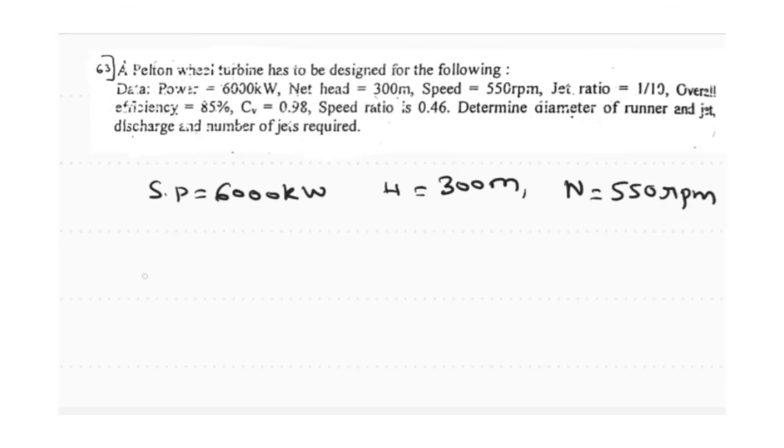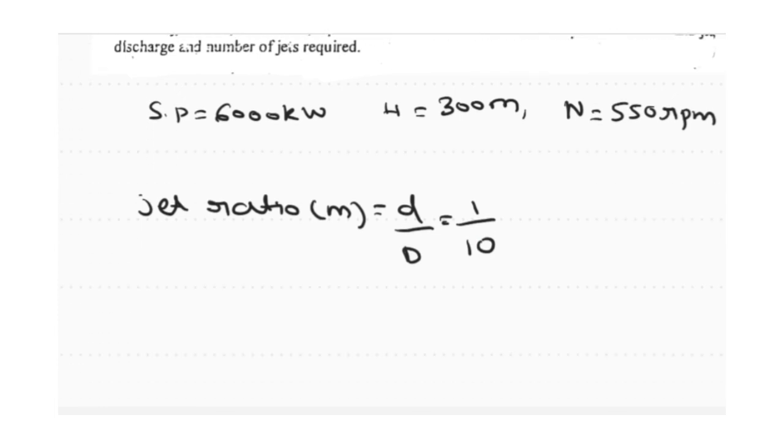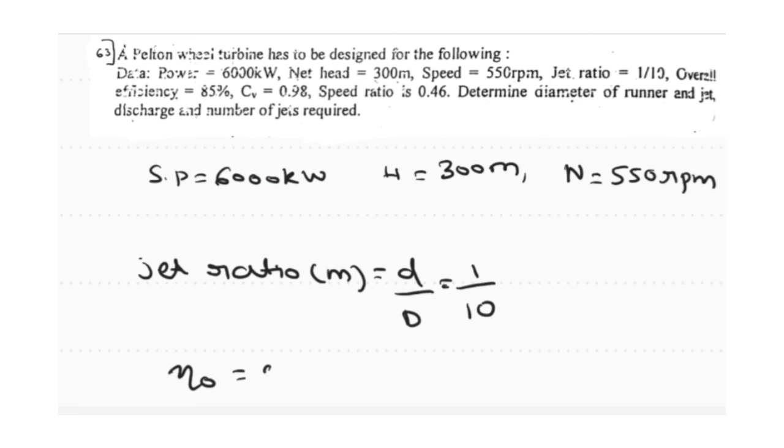So next thing given is the jet ratio. m is equal to d by D, so that is equal to 1 by 10. In the previous problem it was given that it should not exceed 1 by 6. Here it is equal to 1 by 10. Overall efficiency eta naught is given as 85 percentage.